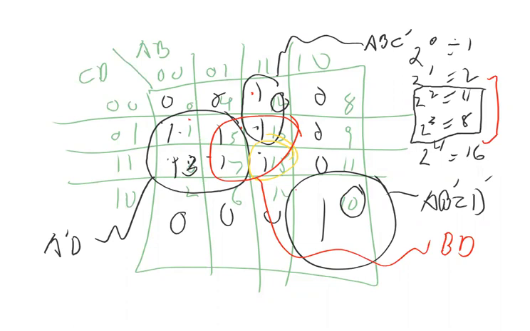One thing I could say about that particular question is it probably should have been reworded just a little bit. And it should have said, how many loops for the MSOP in the following KMAP?